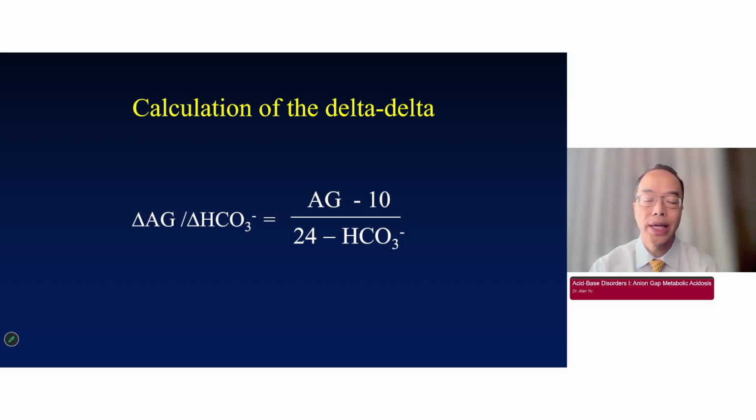Here's how we calculate it. You take your anion gap, subtract it from the mid-range of the normal anion gap, which is 10, and then divide it by 24, which is the mid-range of a normal bicarbonate, minus your actual serum bicarbonate.